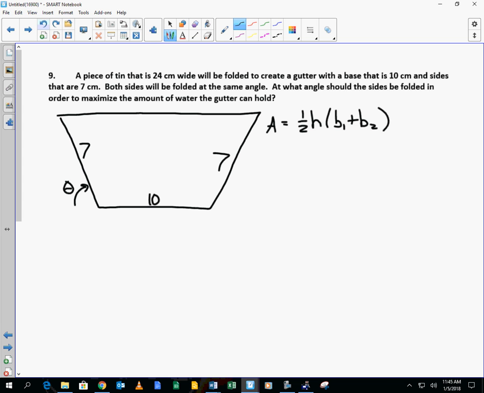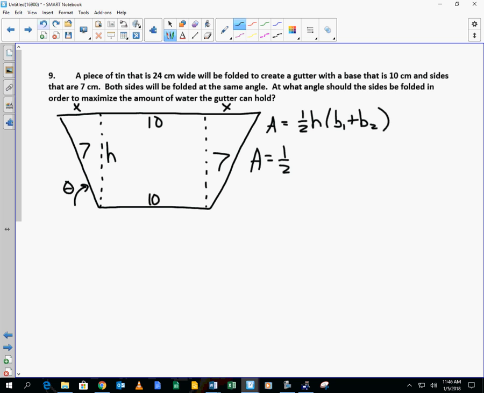We've got to get theta into the problem somehow. I'm going to draw some shapes in here that will help us out. Got some triangles now. I know that this dimension is 10, right? We're going to call this h, and we're going to call this x, and that will be the same over there. That'll be x. So now I have A equal to 1/2 times the height.